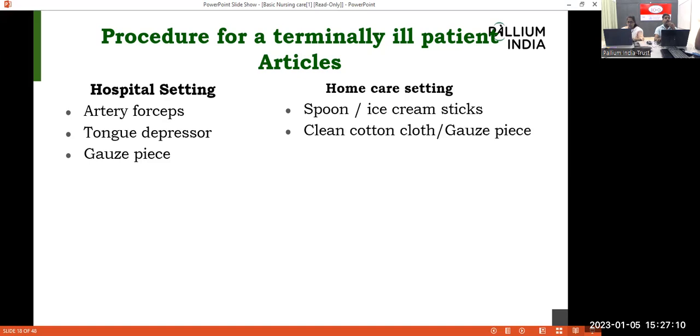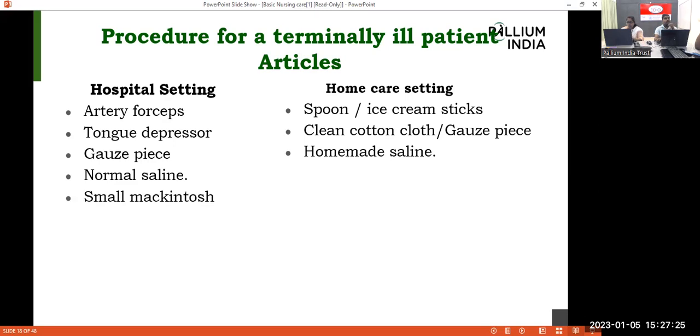Then we need gauze pieces, then normal saline. In a home setting, clean cotton cloth or any gauze piece available we can use. For the normal saline, in a home care setting we can also use homemade saline.